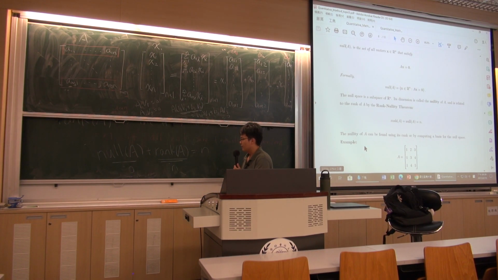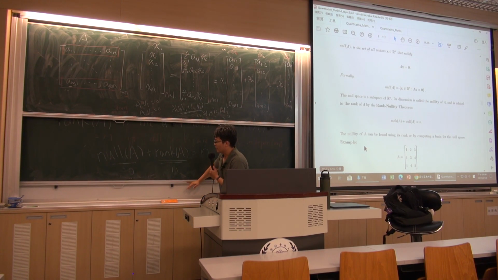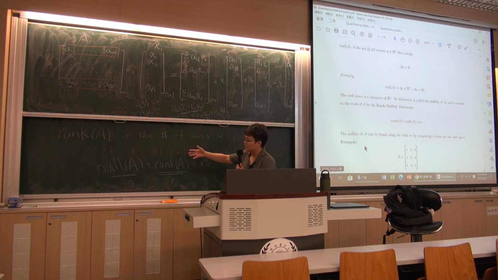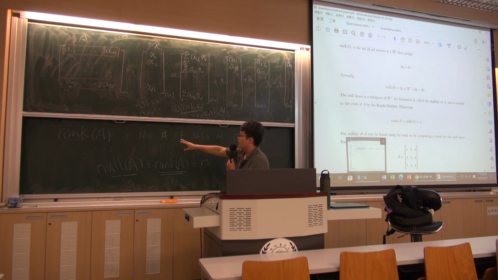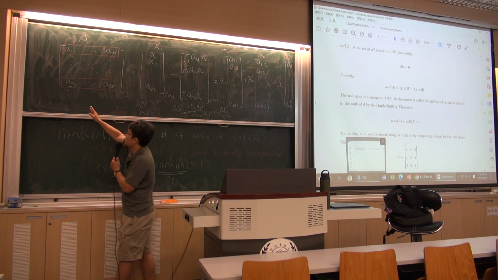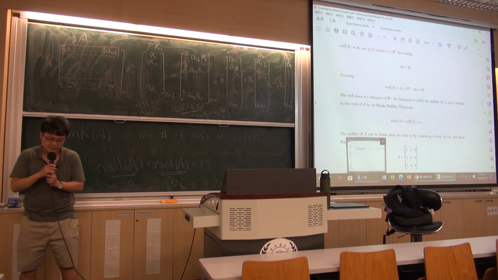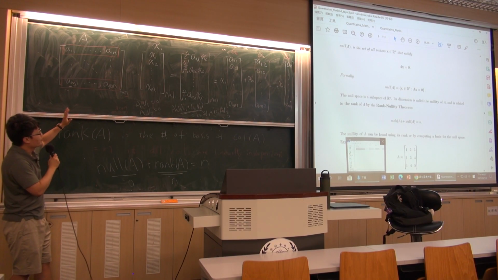Okay, or you can get that answer in the following way. Now we know that our rank A is n. That means all the columns here are linearly independent.